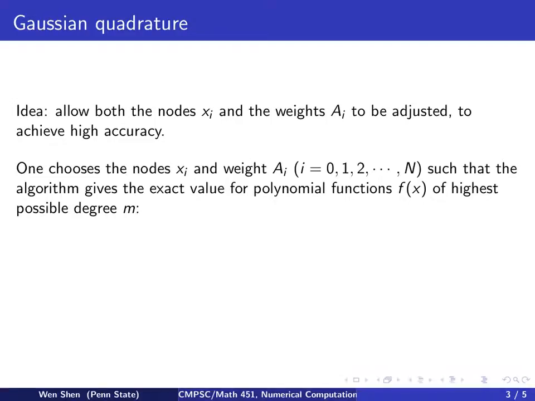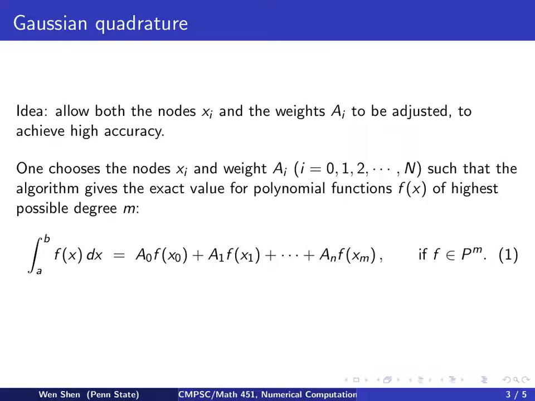The nodes x_i and the weights a_i are chosen such that, in the end, your rule should give the exact value of the integral for polynomials of the highest possible degree. Let's denote that degree by m.